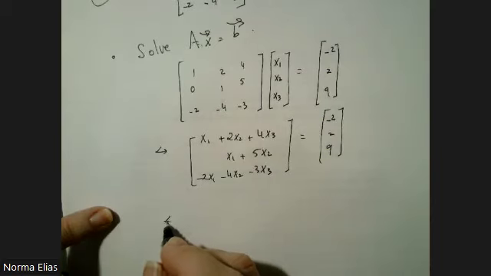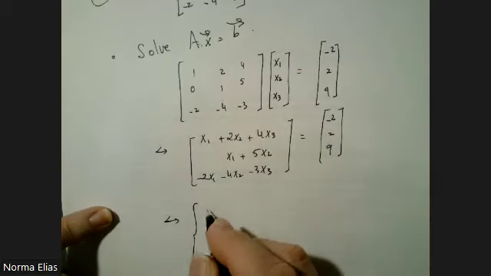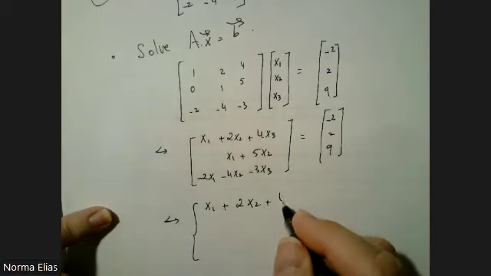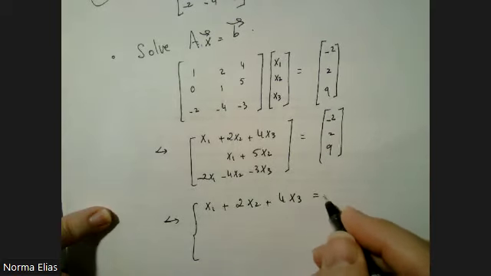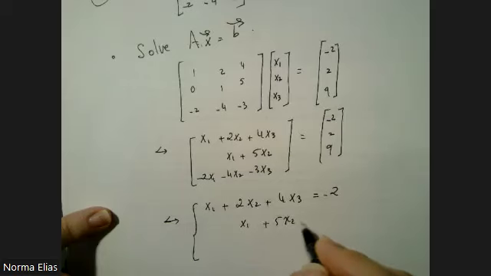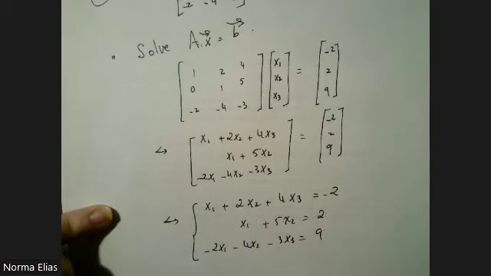Okay, so it means I'm solving the following system, with the last equation being minus 2x1 minus 4x2 minus 3x3 equal to 9.